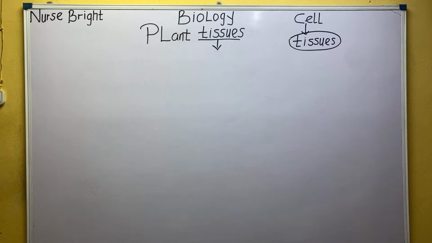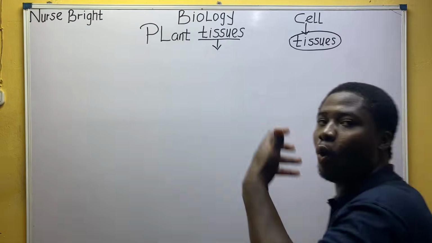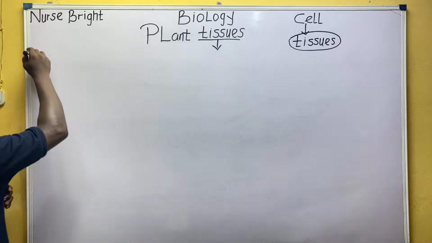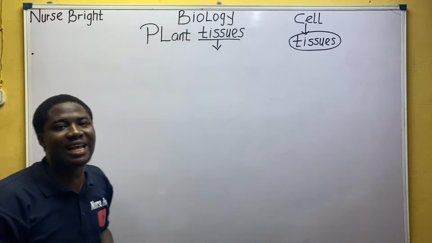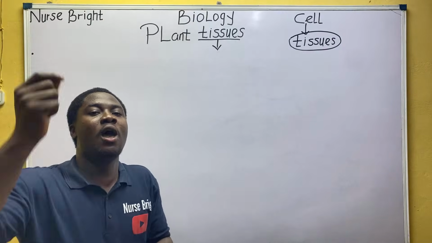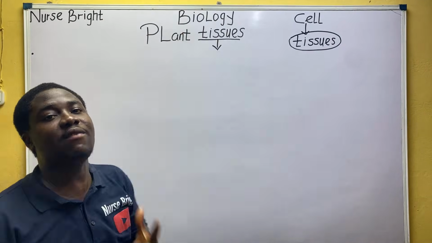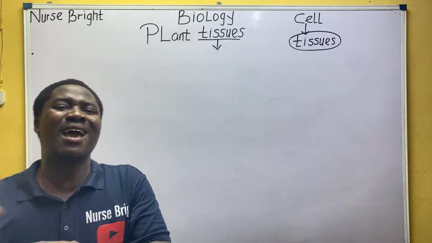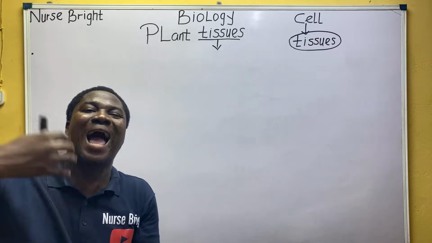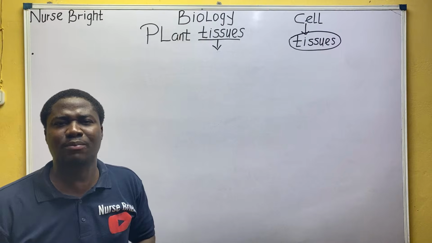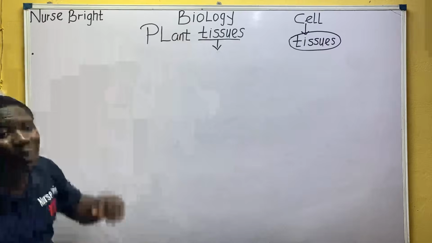So we already said that tissues basically are a group of cells. Now let us define what plant tissues are. Plant tissues, by simple definition, because our sole aim here is to use the knowledge I'll be giving in the course of this class lesson to answer questions that have been asked so far in this area in biology.